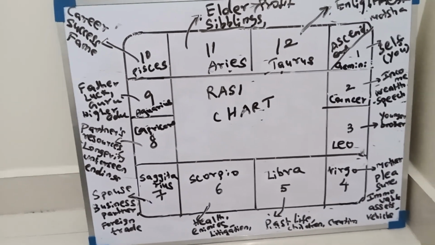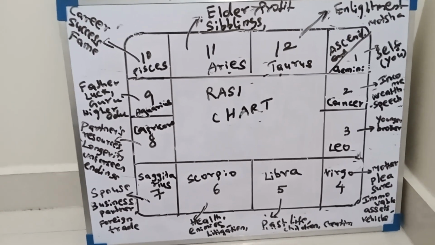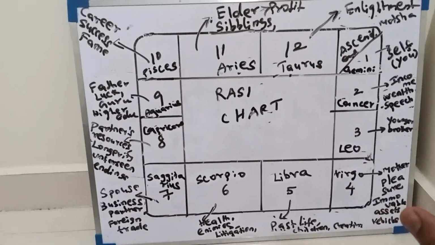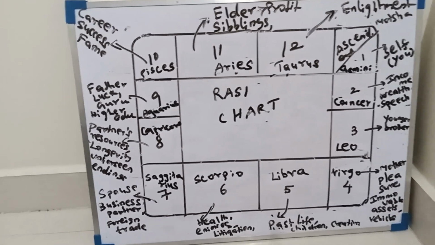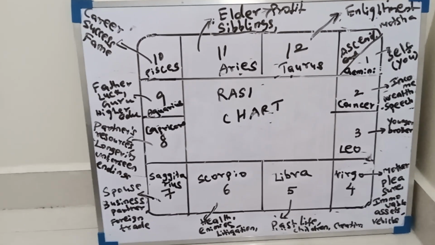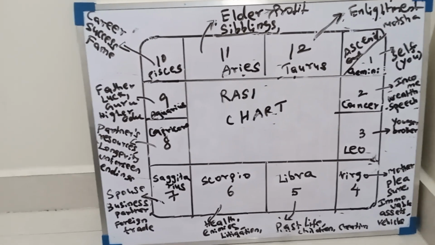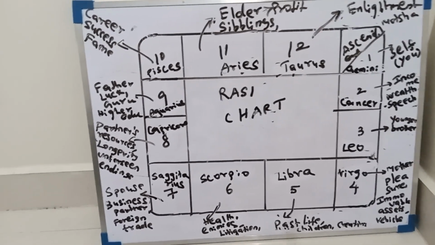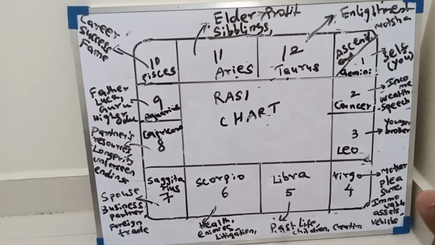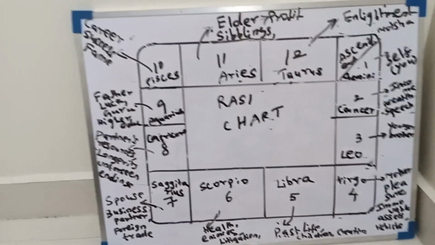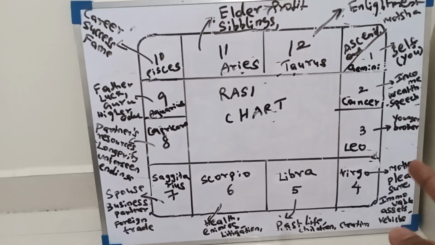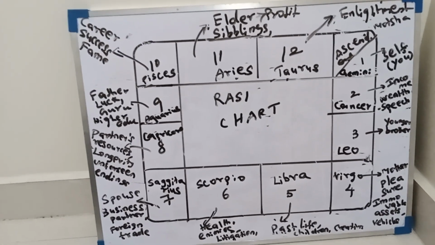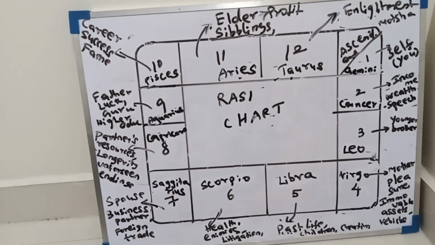Now, each of these houses, Gemini, Cancer, Leo, has a house lord, or in this case, a Lagna lord or the lord of the house. For Gemini, the lord of the house is Buddha. Similarly, for Cancer, the second house, the lord of the house is Moon. Leo, the third house here, the lord of the house becomes Sun. Virgo, again it becomes Lord Buddha.